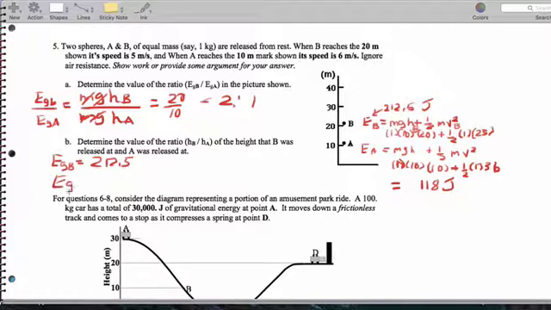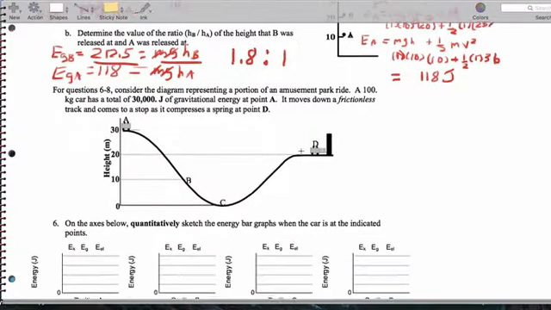And same with A. Its gravitational energy to start off with is 118 joules. And that's going to equal MGHB, and this is going to equal MGH of A. When we get these ratios, we notice that these cancel, and so this is the fraction that we get. We could simplify this if we wanted, and if we did, we'd end up getting about 1.8 to 1.